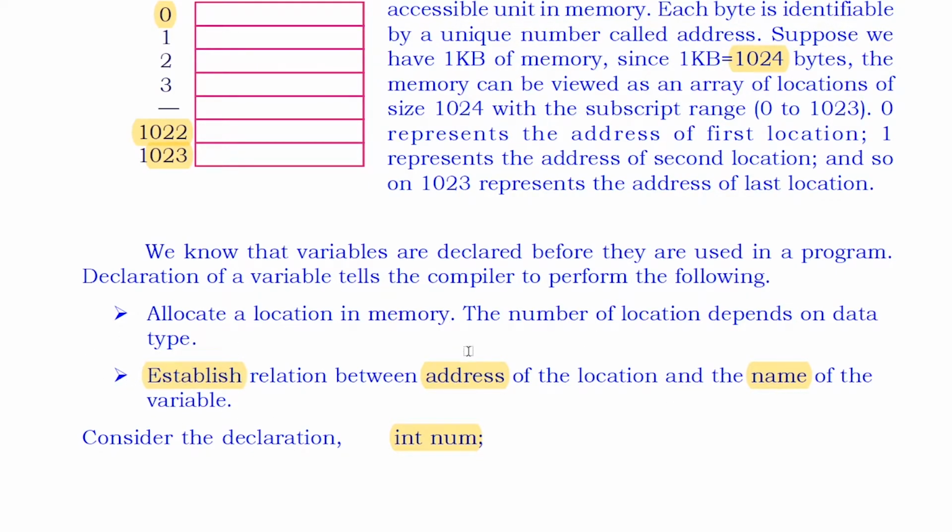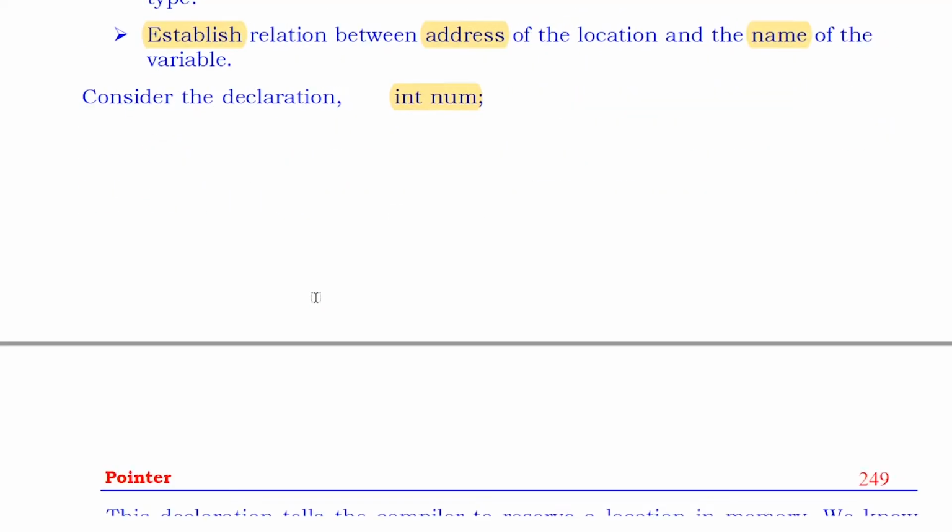See, this is an example. When we declare an integer variable num, it has an address, and it is identified by the name num. This link between the address and the name is established during memory allocation. That is what happens when memory is allocated, and it is called memory allocation. Now let us see an example.